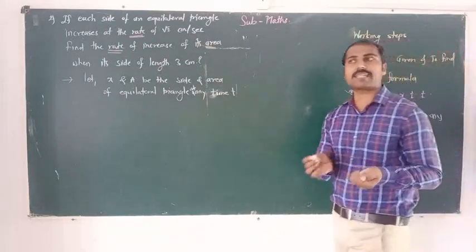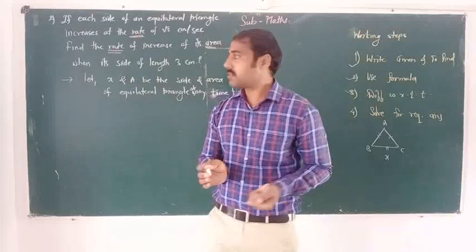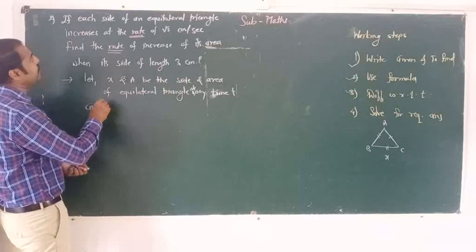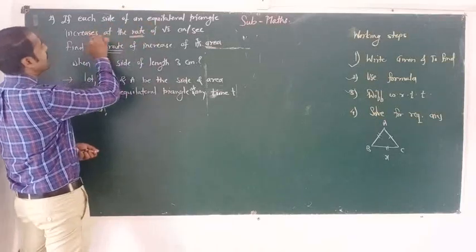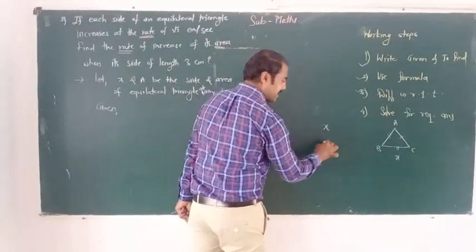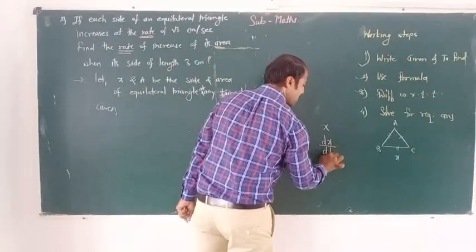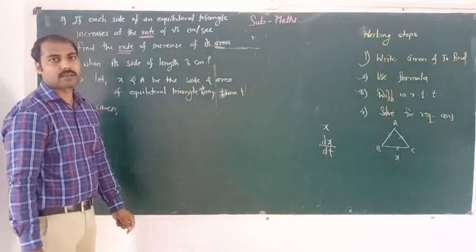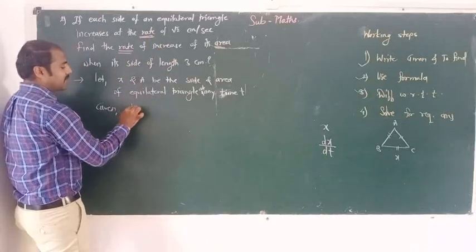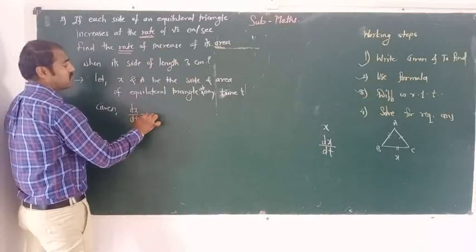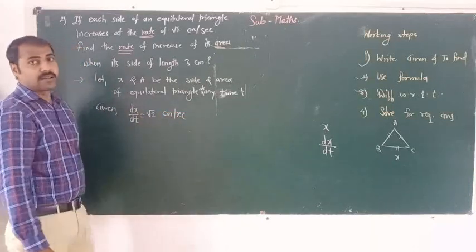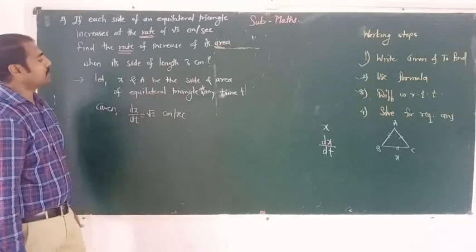So area and sides are variables. What is given in the example? Side of an equilateral triangle increases at the rate. If x is the side of equilateral triangle, then rate of change of side is nothing but dx by dt. So dx by dt is given. dx by dt is equal to root 2 centimeter per second.